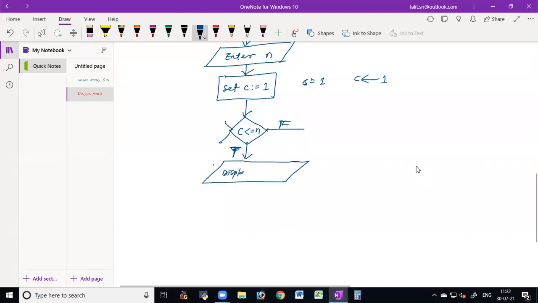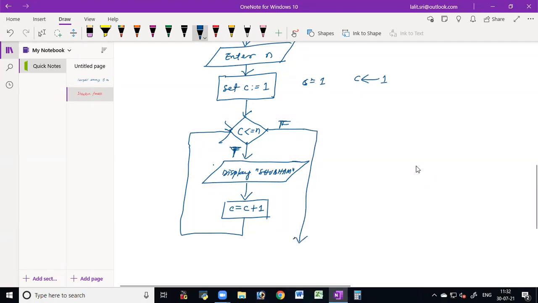Display Shubham, and you have to make c equal to c plus 1, then check whether c is less than or equal to n, otherwise stop.